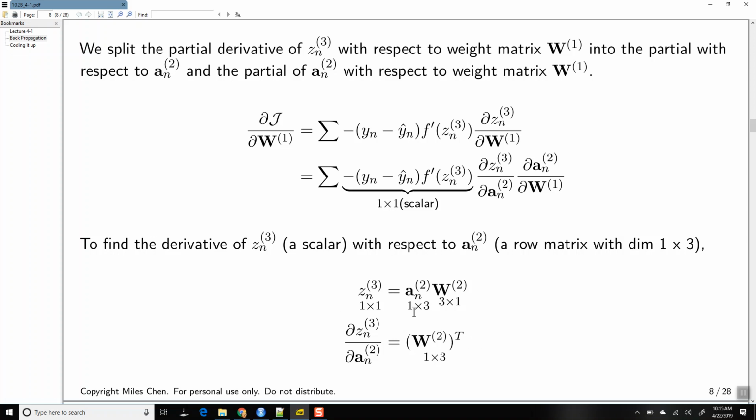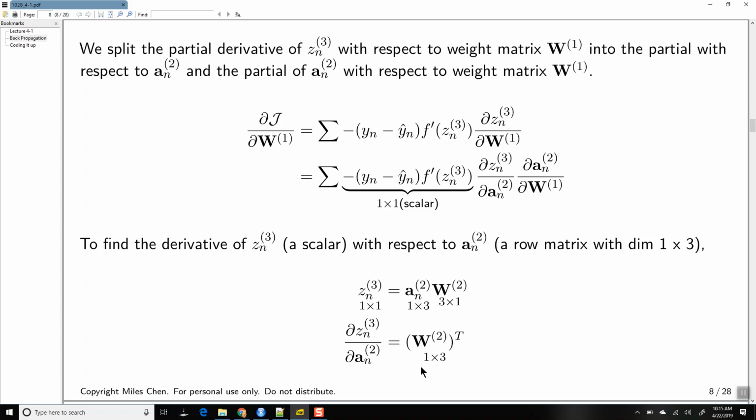So taking a scalar with respect to a vector will result in another vector of the same dimensions, and that's what we have. So the partial of Zn3 with respect to An2 is going to be replaced with W2 transpose.